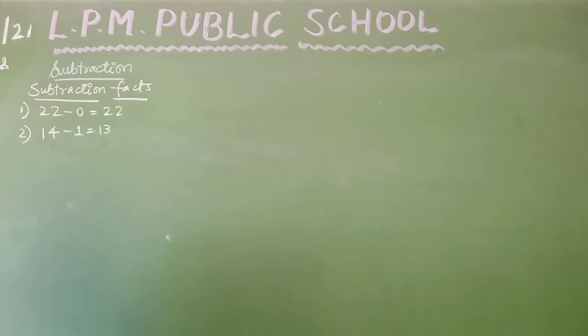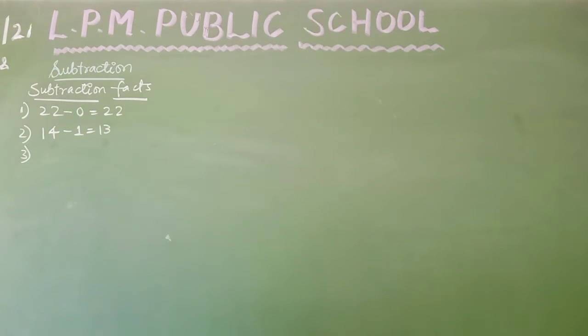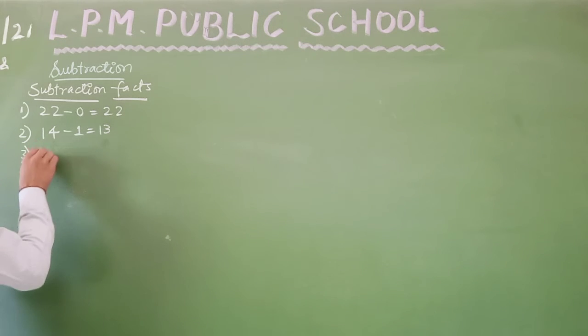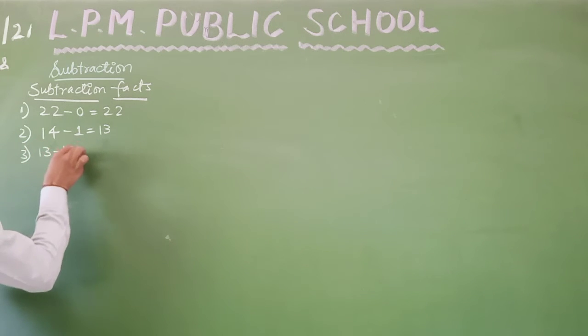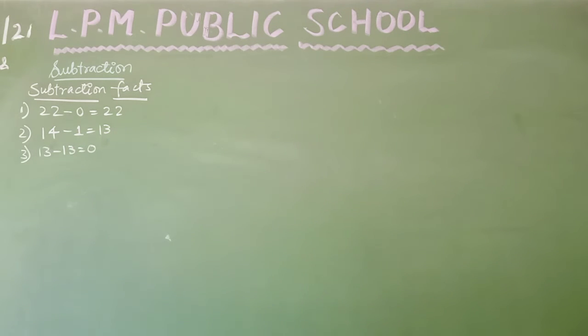And now the next subtraction fact is when a number is subtracted from itself. When a number is subtracted from itself, the difference is always 0. That means 13 minus 13 is 0.